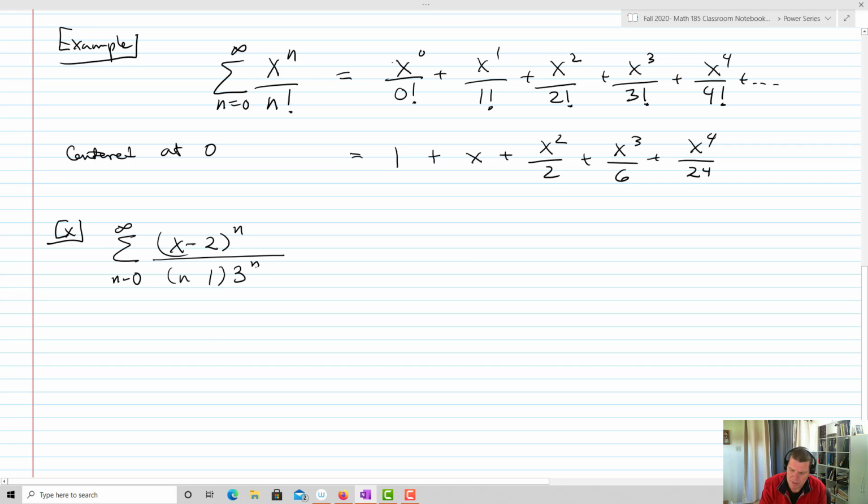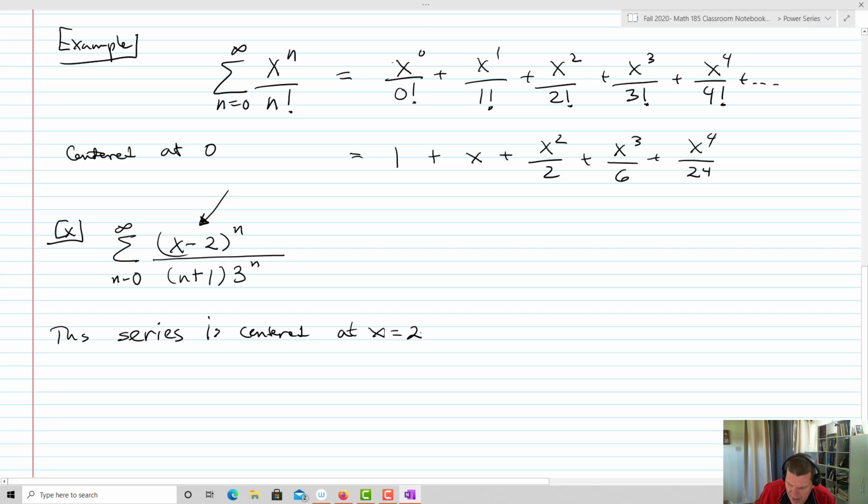Here we've got our x variable along with our n's, and this series is centered at x equals 2.